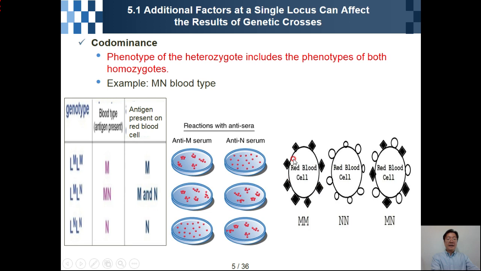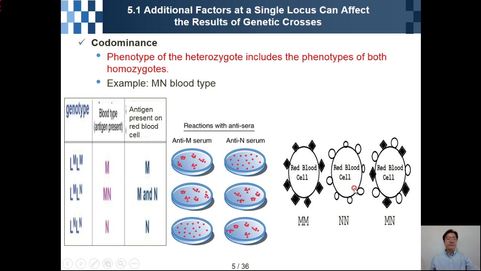So this is the red blood cell. You see here the M blood type shows they have the M antigen. How about N? They have the N antigen. MN means that they have both antigens.